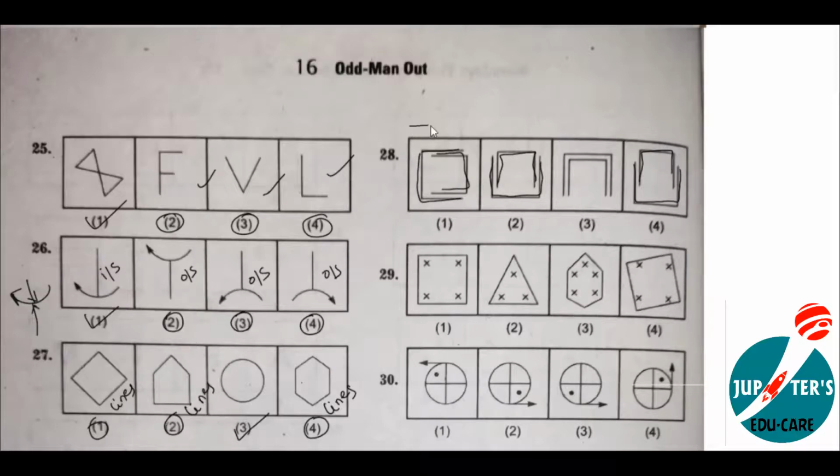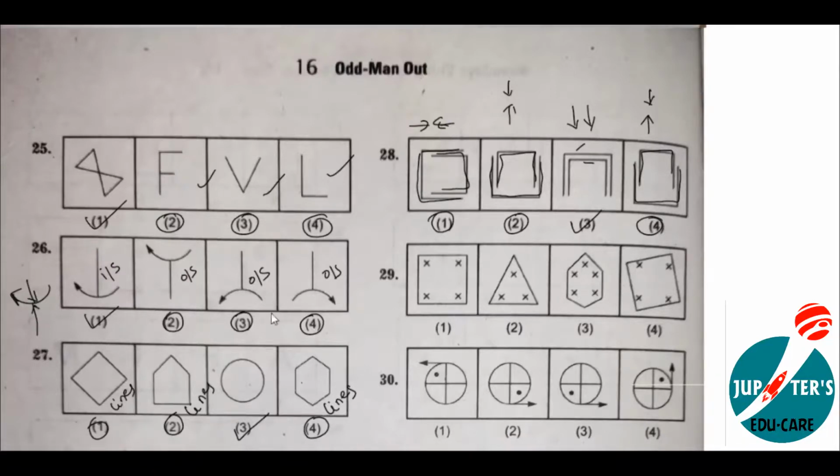But in case of option 3, these two figures are same direction, means downwards direction. So option 1, option 2, option 4 are in opposite direction, but in case of option 3 it is in the same direction. So option 3 is our answer.